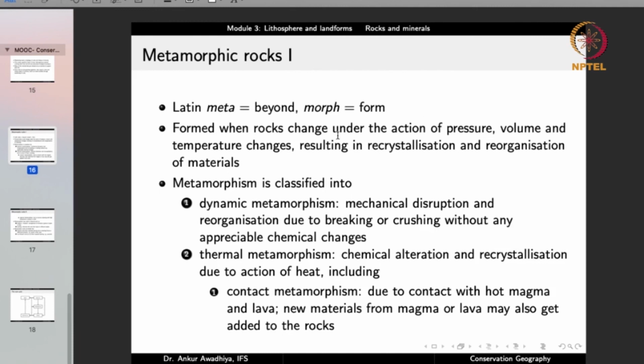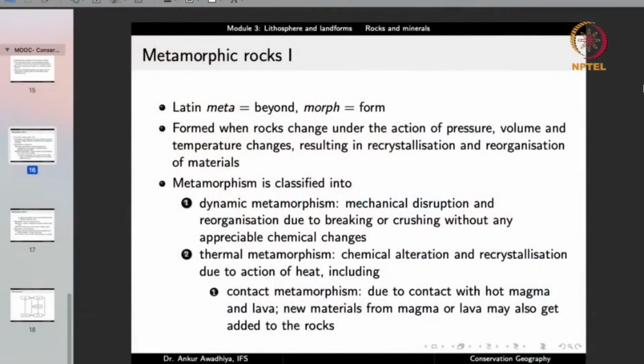These rocks are formed when rocks change under the action of pressure, volume and temperature changes, resulting in recrystallization and reorganization of materials. That is, if you have an existing rock, whether it is igneous or sedimentary or another metamorphic rock, and this rock is put through a process in which it gets heated up, some portion of it may get melted away, some of the crystals may start to grow again, or some other changes might happen, or this rock may get crushed.